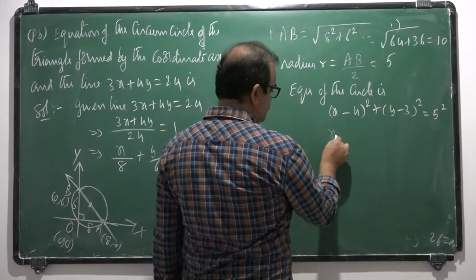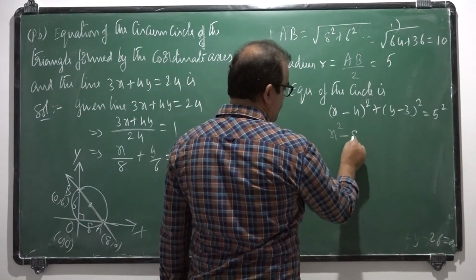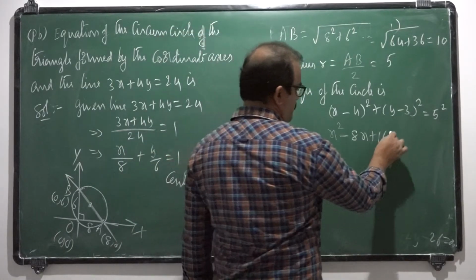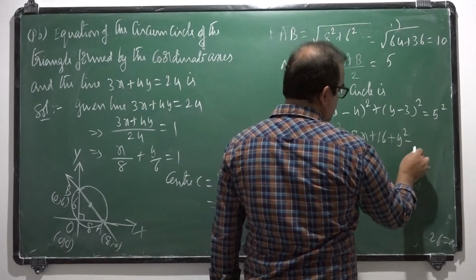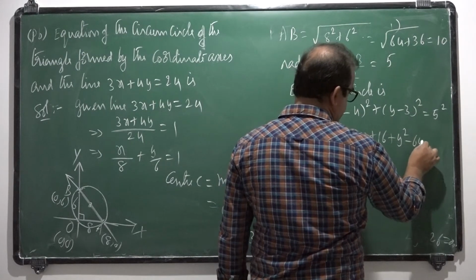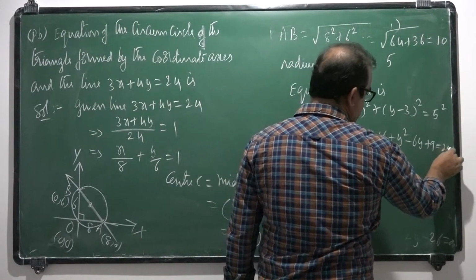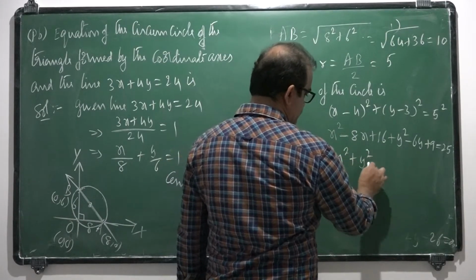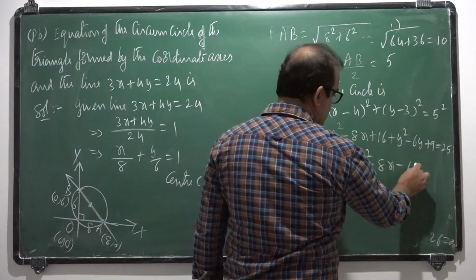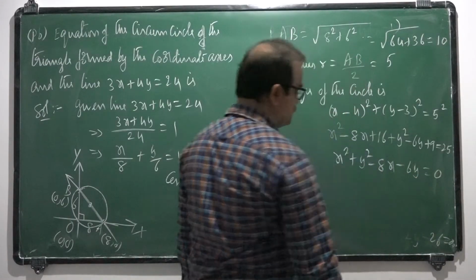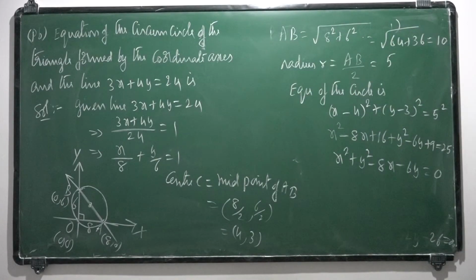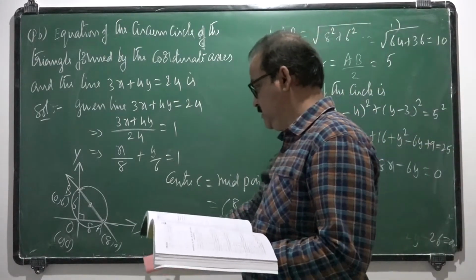Now expand this. x square minus 8x plus 16, y square minus 6y plus 9 is equal to 25. Now it is x square plus y square minus 8x minus 6y is equal to 0. You must draw the diagram.